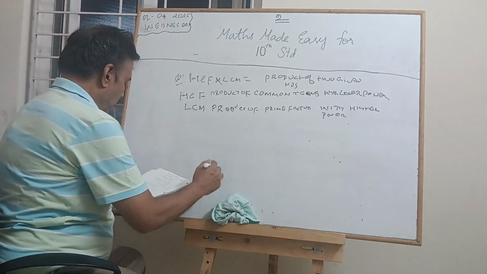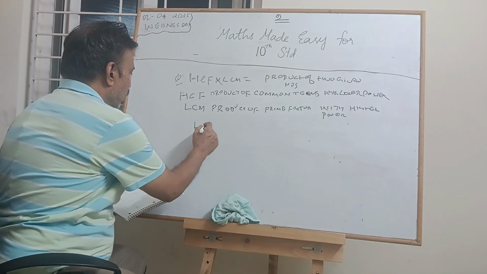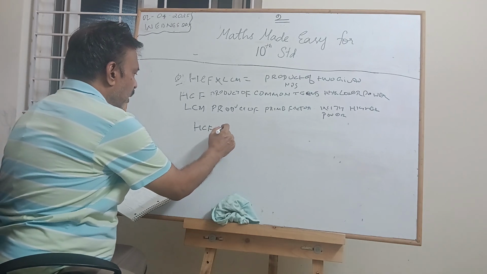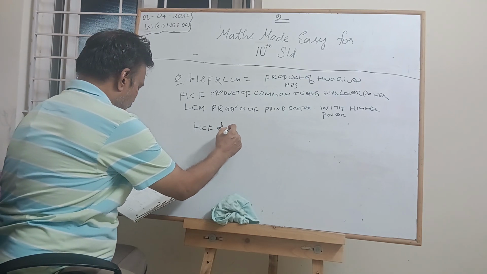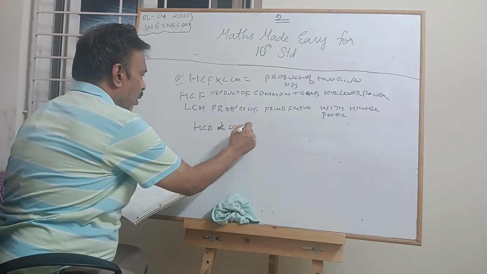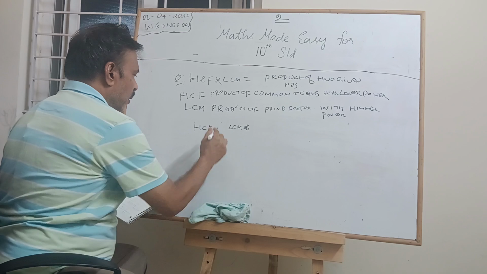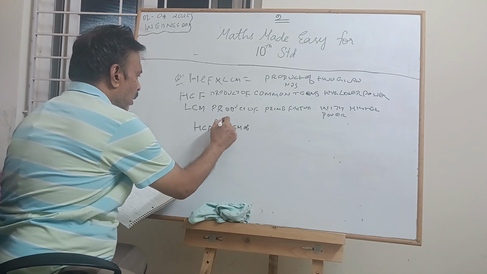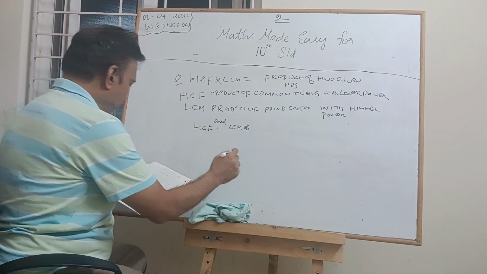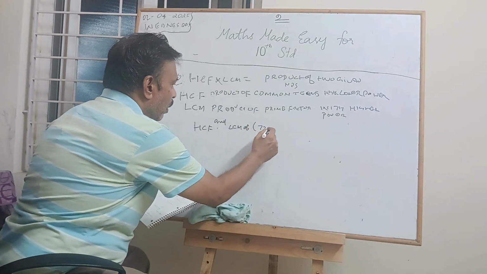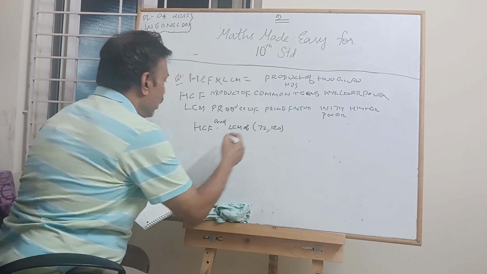That is, find the HCF and LCM of 72 and 120.